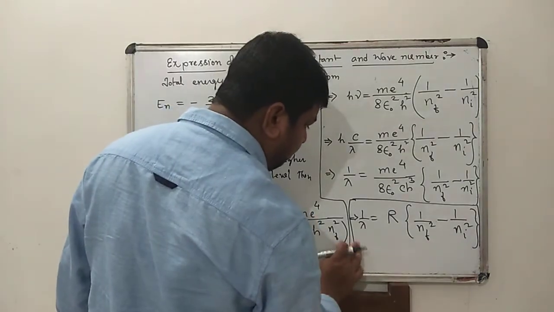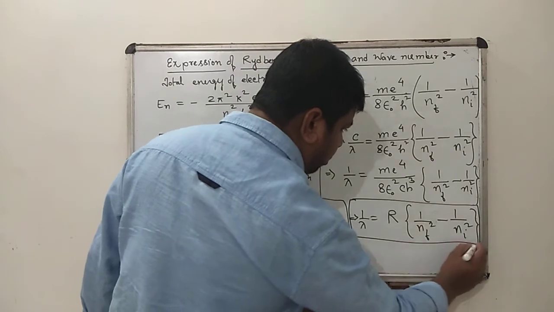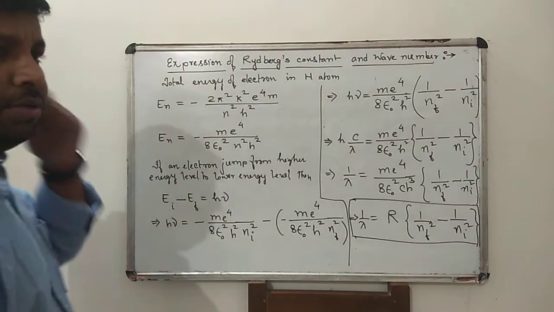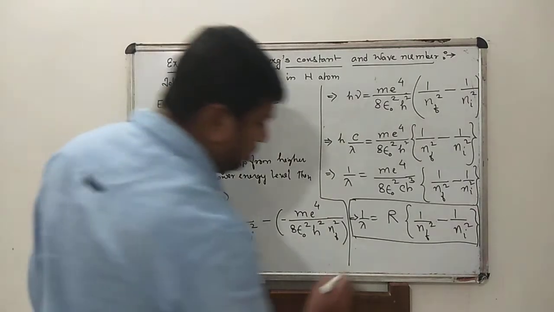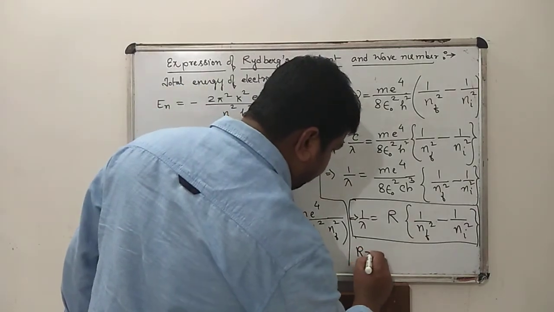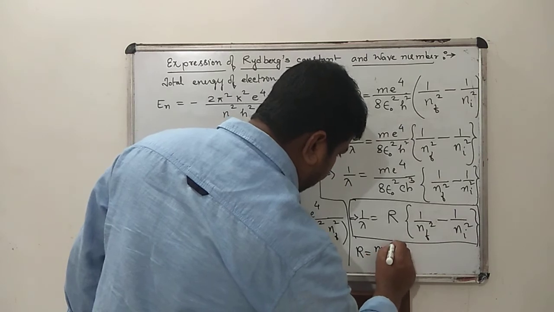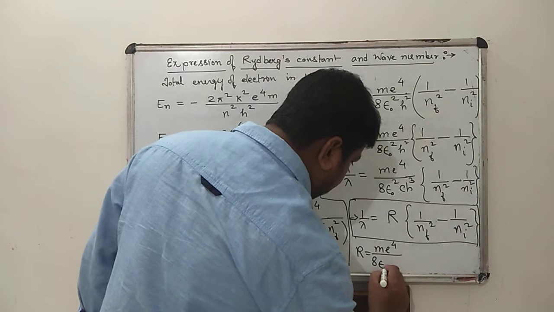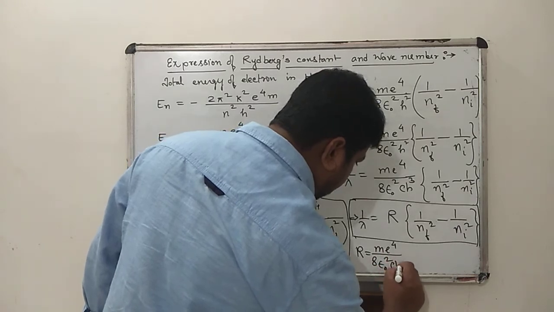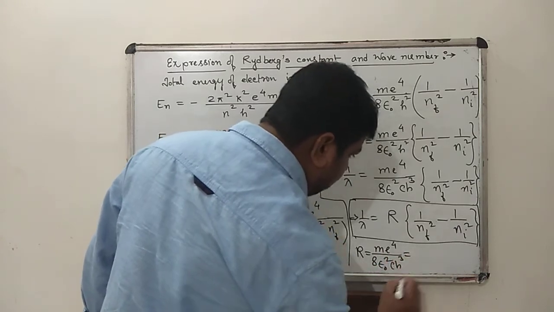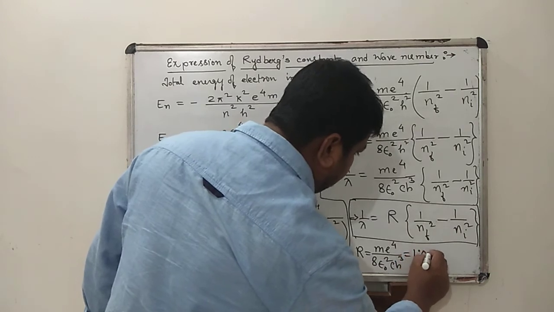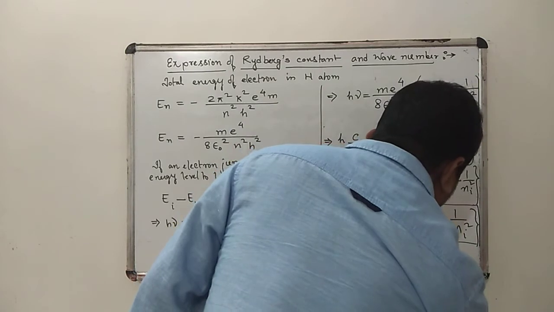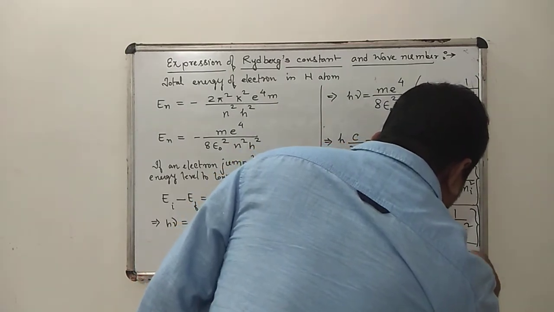In the expression of wave number, this R is known as the Rydberg constant. R is equal to m e to the power 4 divided by 8 epsilon naught square c h cube, equal to 1.097 into 10 to the power 7 meter inverse.